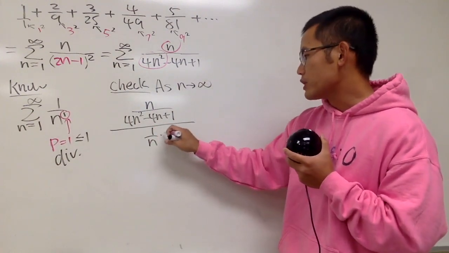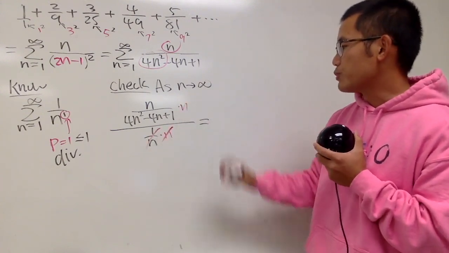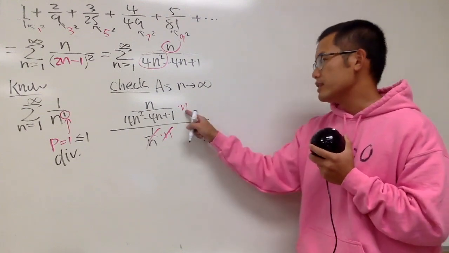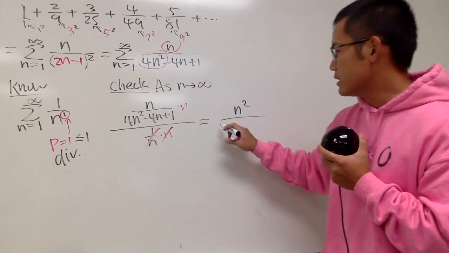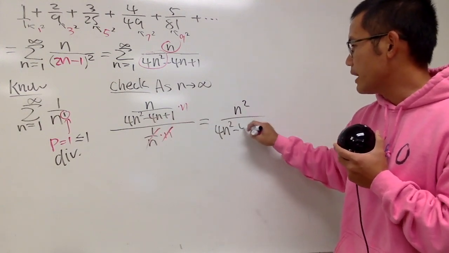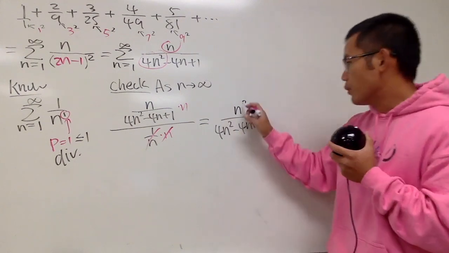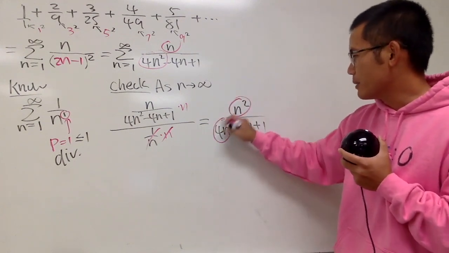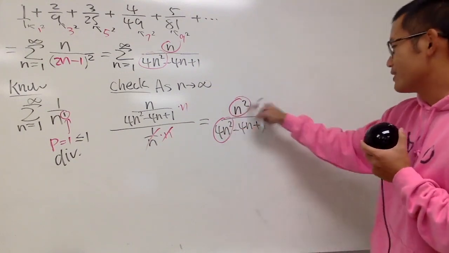Now do some algebra, multiply the top and bottom by n, so that this and that will cancel. This is just algebra, so put down the equal sign. Then you see this times that, we get n squared over 4n squared minus 4n plus 1. Now, take the limit. On the top we care about this, on the bottom we care about this. This right here will go to 1 over 4 because they have the same degree.